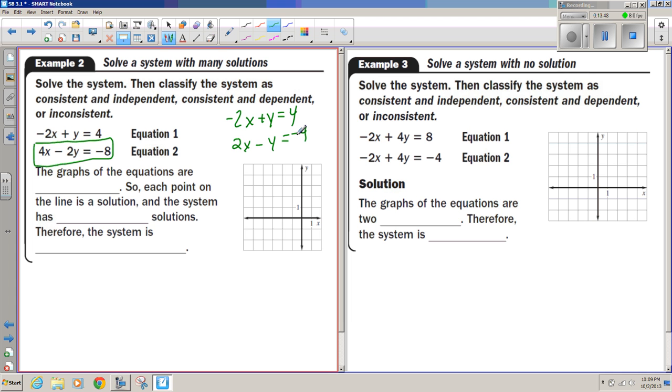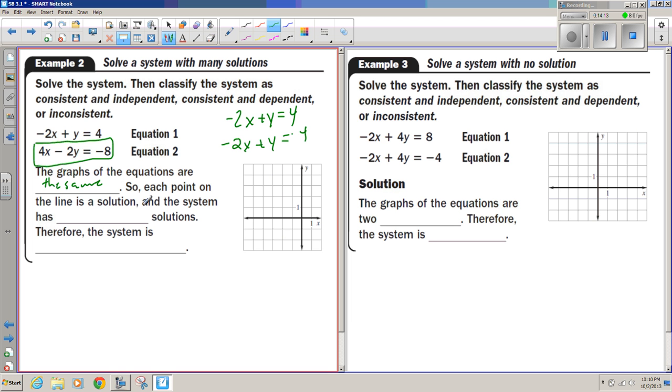And let's take a look. If we divide by negative 1, you end up with an equation that looks like this. So what you end up with is that the graphs of the equations are the same.